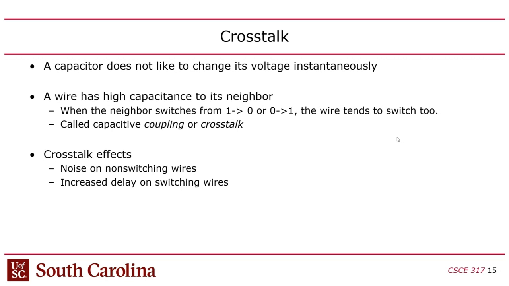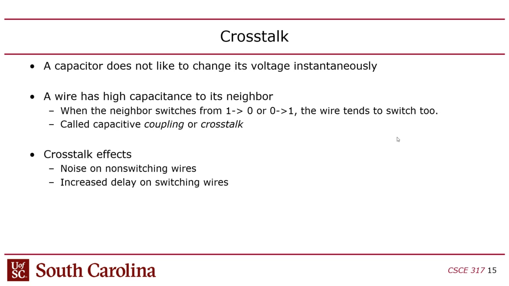The problem is that when you have two wires next to one another, they have a capacitor in between them, and what will happen is that when one wire switches, it's capacitively coupled to the other wire. So, for example, you have two wires next to each other, and they're both at ground. When one wire switches to VDD, because you want to send a 1 bit across it, if there's a capacitive coupling between those two wires, the other wire that's currently at ground or 0 will want to come up.